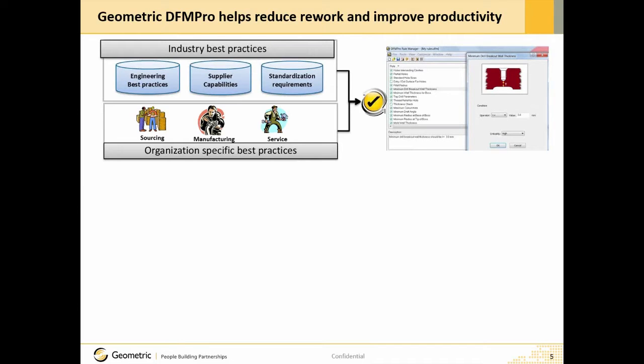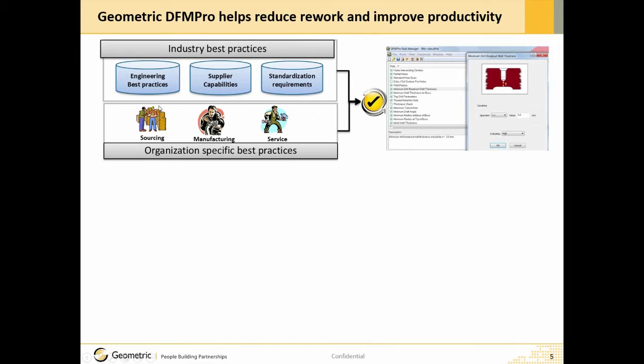What we have done is that we have collected various industry-specific best practices. These are engineering best practices based on different handbooks, guidelines, and some of the key consultants who talk about it. There are documents which talk about different standards based on materials. All these best practices we have captured in the form of a database.